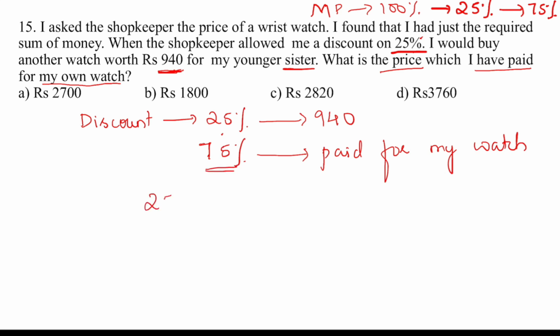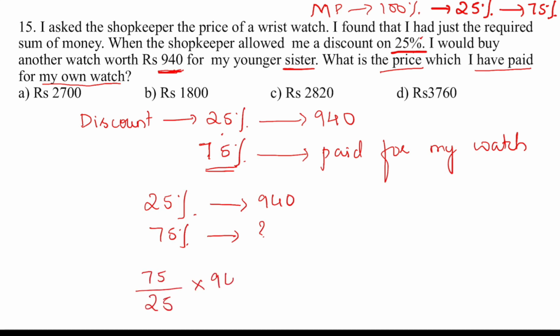When we know that 25% is 940 rupees, then 75% is how much? So 75 divided by 25, into 940. 1s are 3s are. So 940 into 3 is 2820 rupees. So how much did he pay for his watch? 2820 rupees. So option C is the answer.